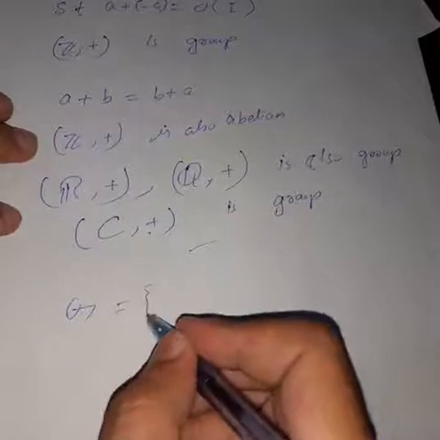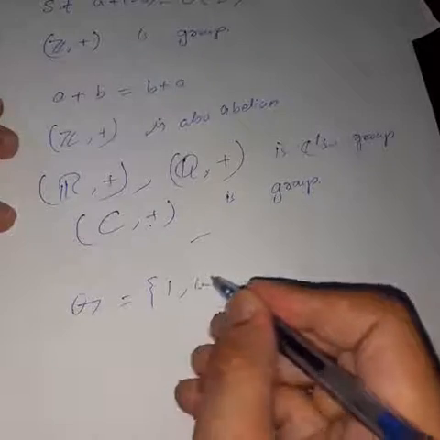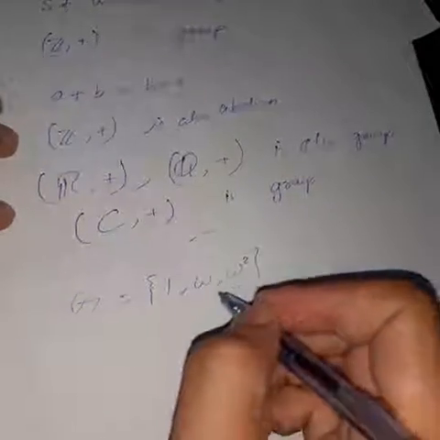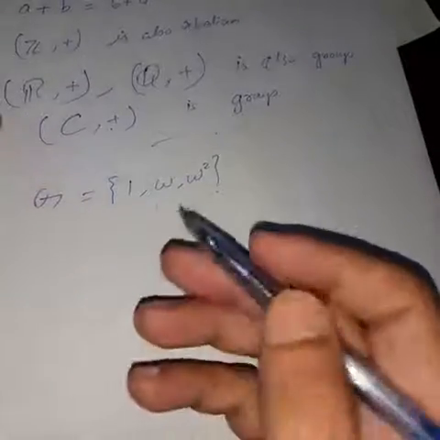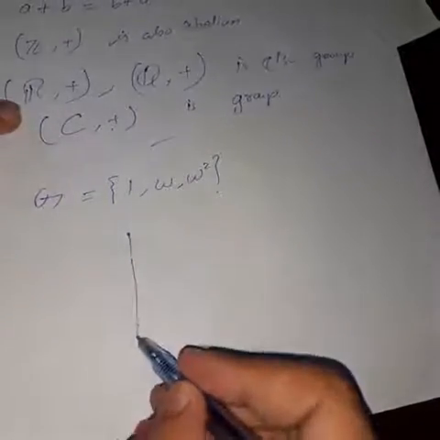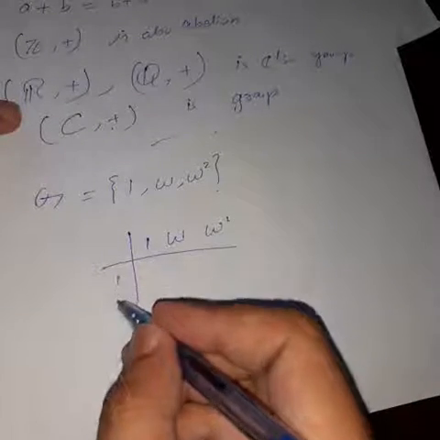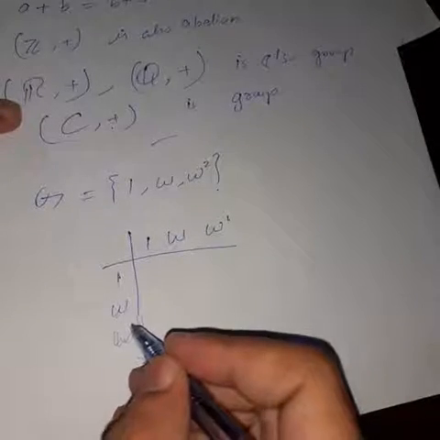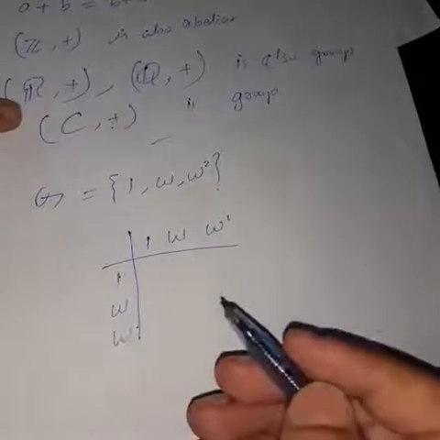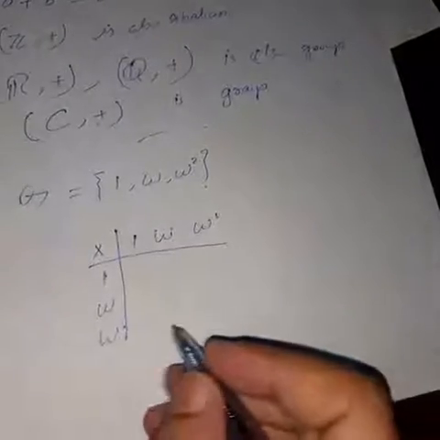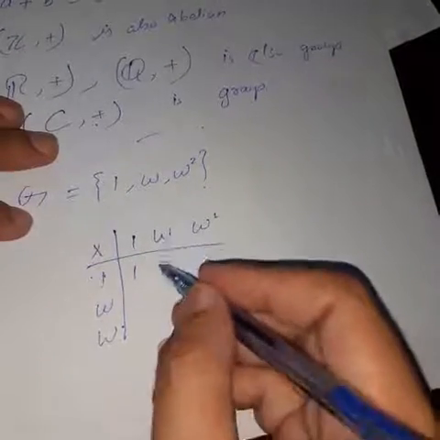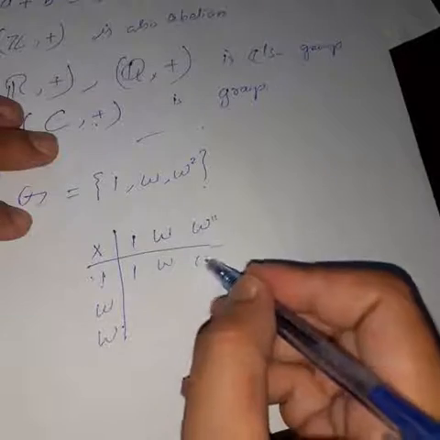Now let's consider the set G, which is equal to {1, omega, omega square}, which are the cube roots of unity. I want to show that this is a group under multiplication. Then 1 times 1 is 1, 1 times omega is omega, 1 times omega square is omega square.